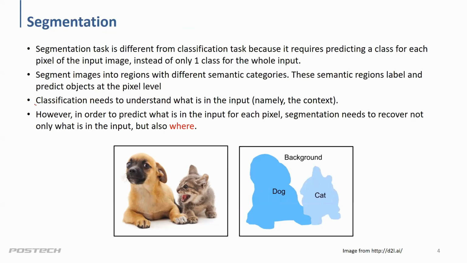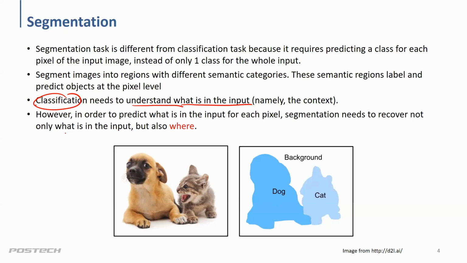Classification needs to understand what's in the input, whether in the input image it's a cat or a dog or whatever.